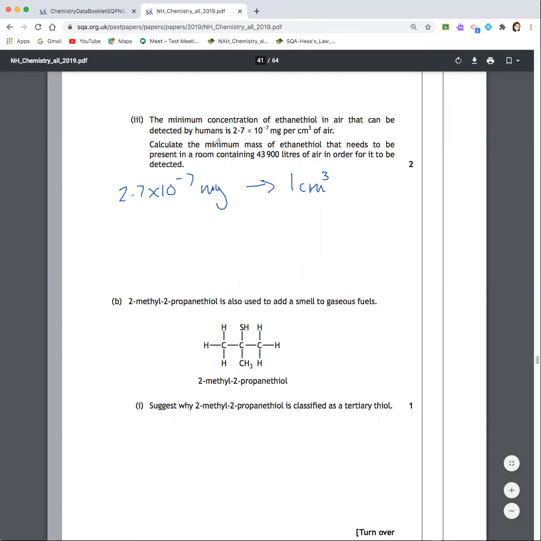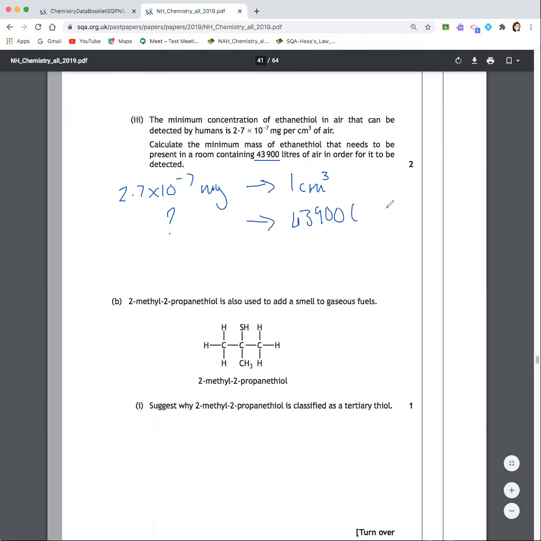Then it's asking to calculate the mass of ethanethiol that needs to be present in a room containing this many litres of air in order for it to be detected.